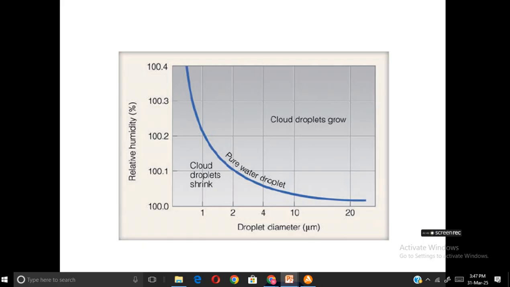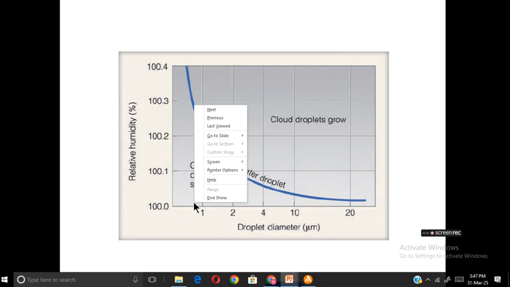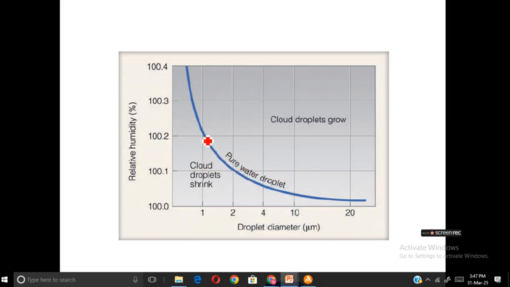As you can see, for smaller droplets, at a droplet diameter of 1 micrometer, the relative humidity is 100.2%, or 0.2% supersaturation is enough for this cloud droplet, whereas in case of a droplet of size 10 micrometer, it is even less, around 100% relative humidity is enough for the droplet to survive.